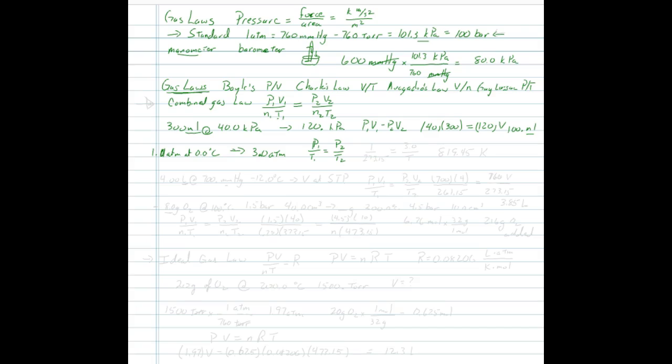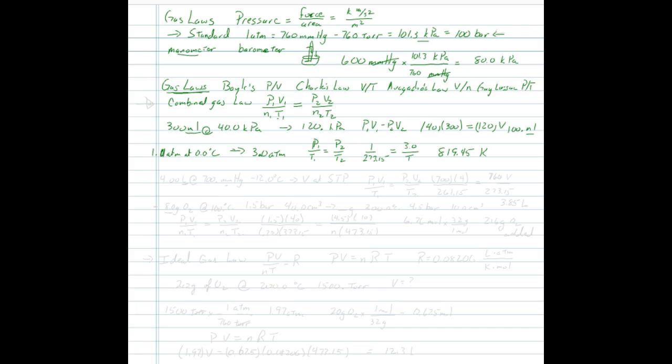Plug in what you know. 1 atmosphere over 273.15 equals the new pressure, which is 3, over the new temperature. Do the math. 819.45, with significant digits, 820 Kelvin. Temperature will always be in Kelvin on these problems.